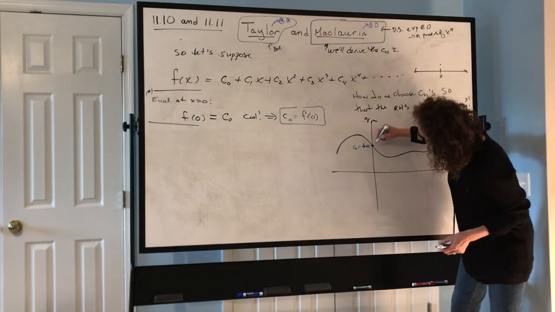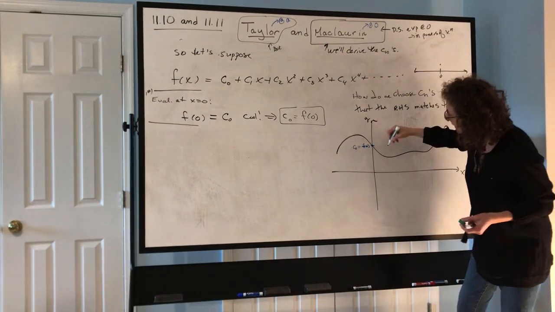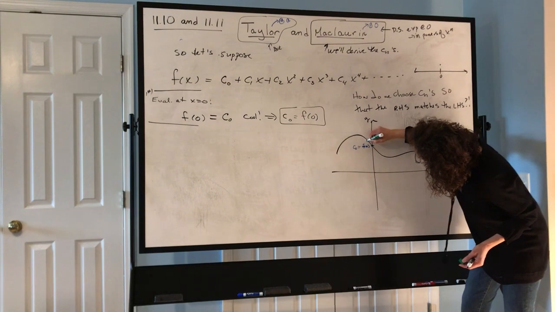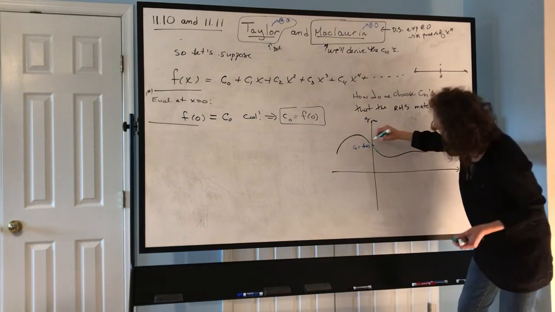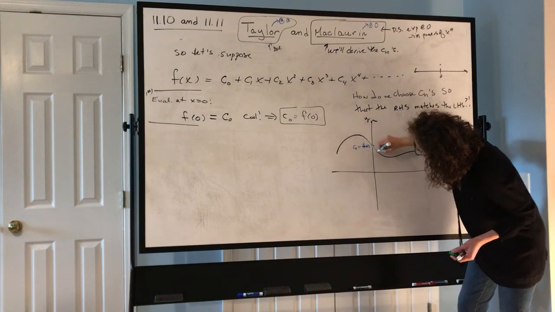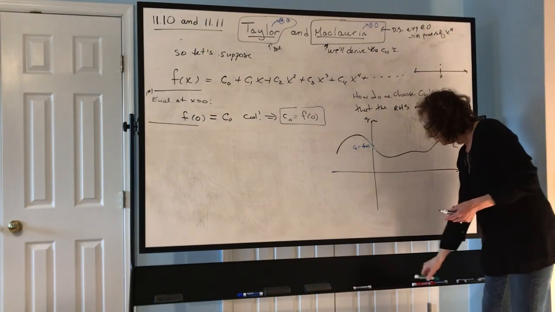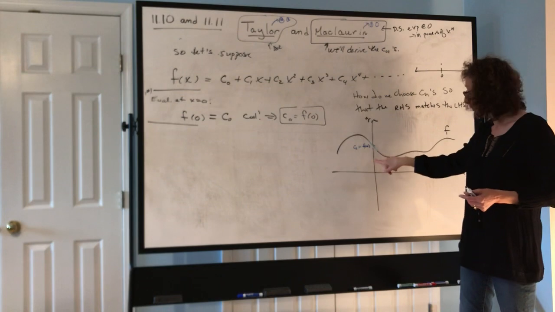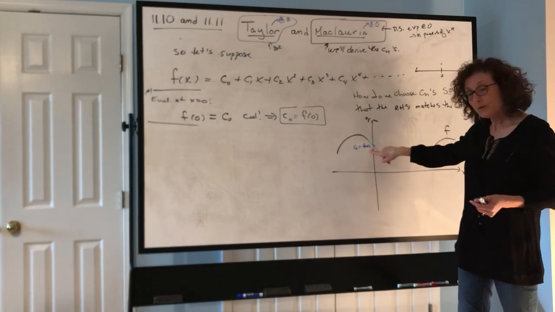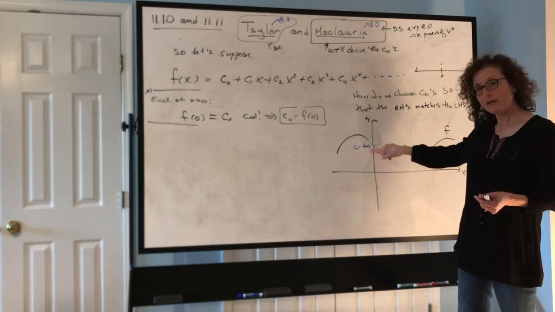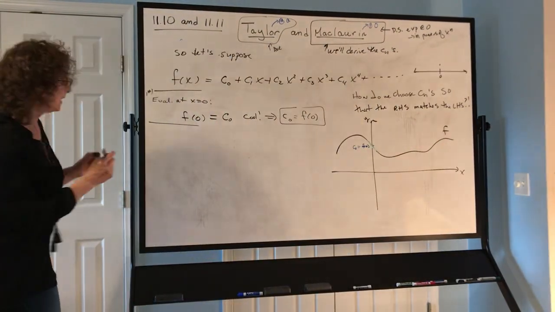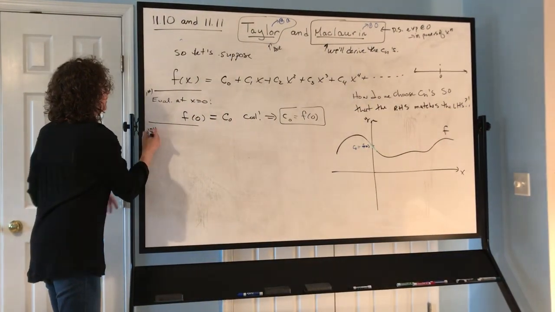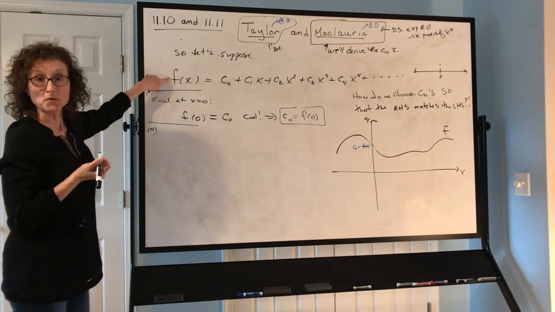So suppose what I now want is to have my function and the tangent line also match up here. What do I do to get a slope of a tangent line? Very nice, I take a derivative. So what should I do? Let's take the derivative of both sides.